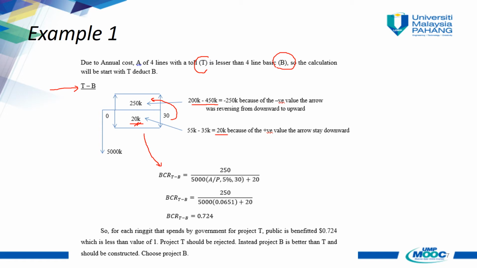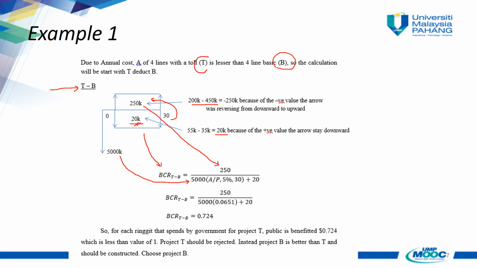So 250,000 here, and then 5,000 finding A when you knew the P, because this calculation is based on a per annum basis.